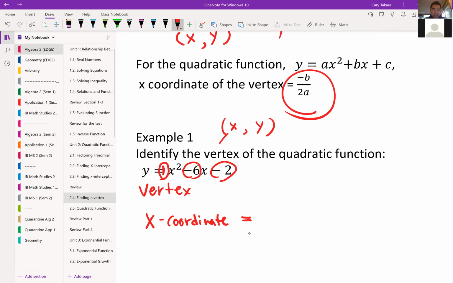To find the x-coordinate of the vertex, it's going to be the opposite of b. Now, b is negative 6, so it's going to be positive 6. You okay with that? And then over 2 times 1.